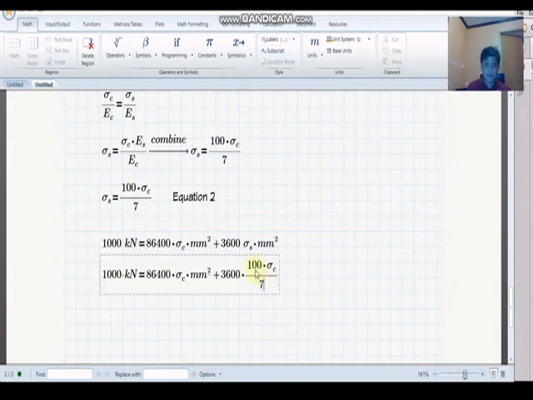So this is now the stress of the steel. Of course, don't forget the unit.